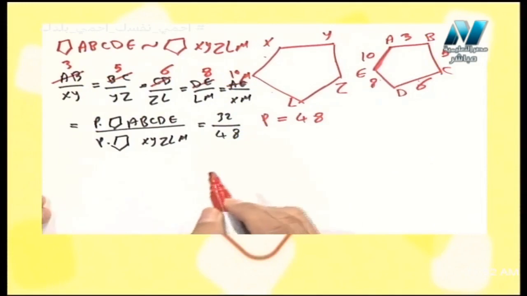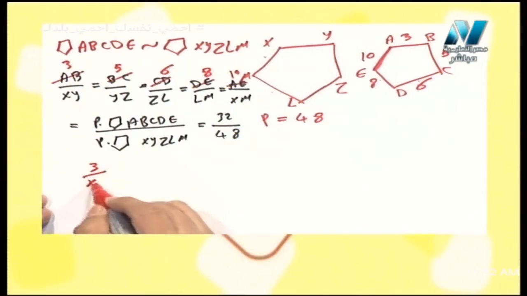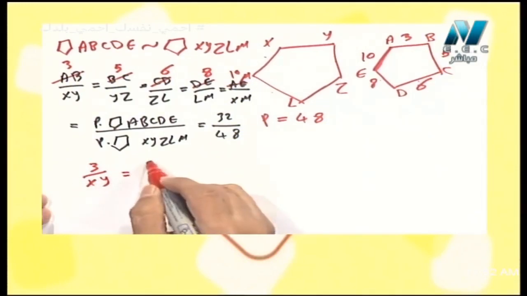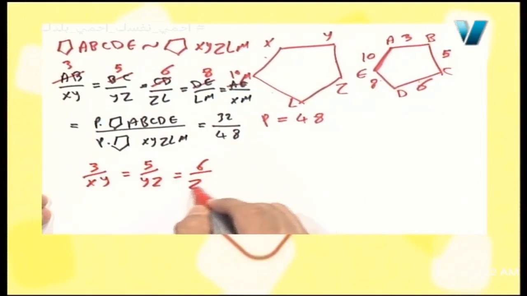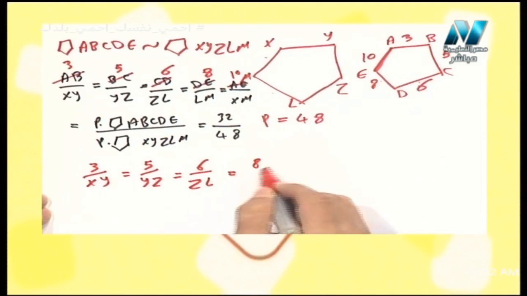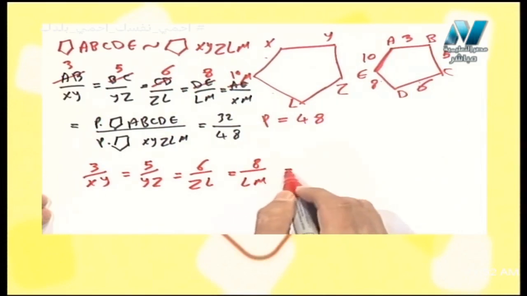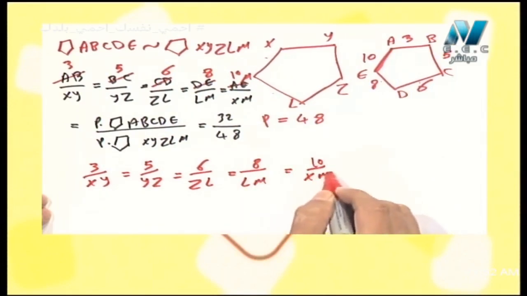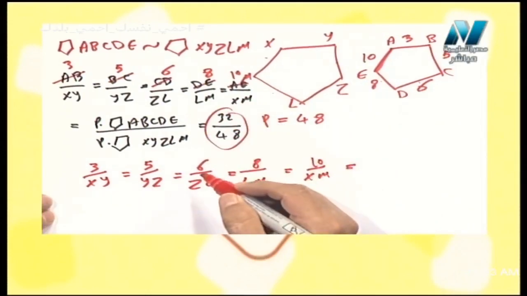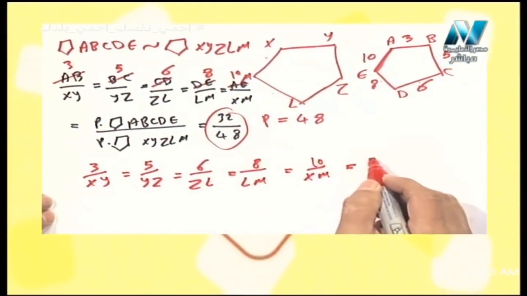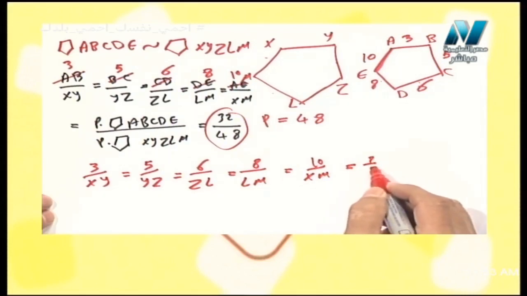So we have 3 over XY equals 5 over YZ equals 6 over ZL equals 8 over LM equals 10 over XM, and finally equals 32 over 48, which in simplest form is 2 over 3.